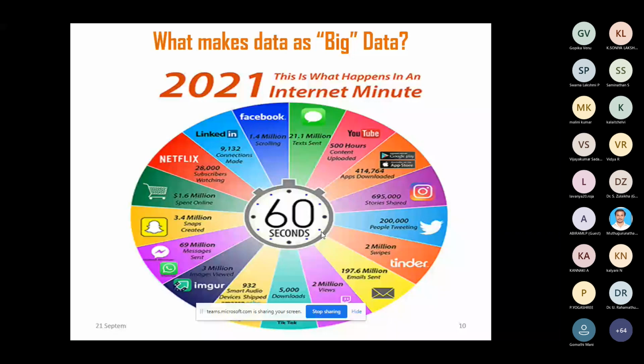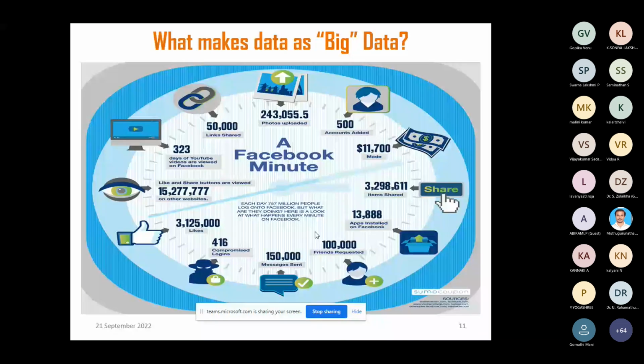And if you consider Facebook alone, for every minute, 500 new accounts are being added, $11,700 is being generated as income for Facebook, and 323 days of YouTube videos are being viewed through Facebook, along with other scenarios you can see. So this is what happens in about a minute.